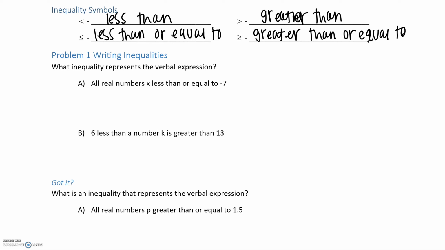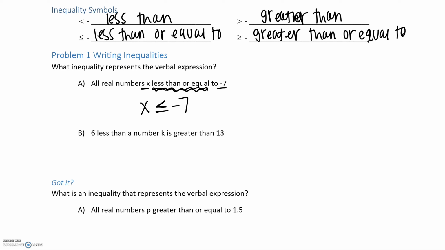So our inequality expression is going to be that less than or equal to. Okay, and we are comparing x and -7. So we are going to have x, then we've got our less than or equal to sign. So if we come up here, it's going to be caret pointing to the left, and underline, and then we've got a -7 on the other side. That's all we're doing.